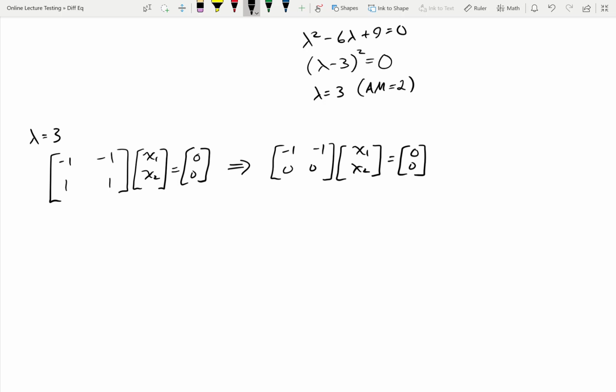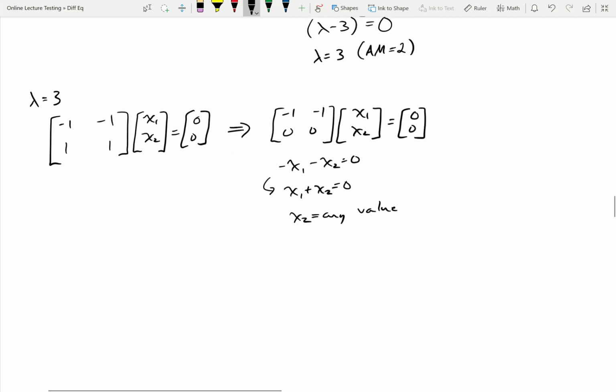All right, well, if we solve this, this becomes negative x1 plus x2 is equal to 0, or x1 minus x2 is equal to 0. So that's what this becomes. And x2 is equal to any value.